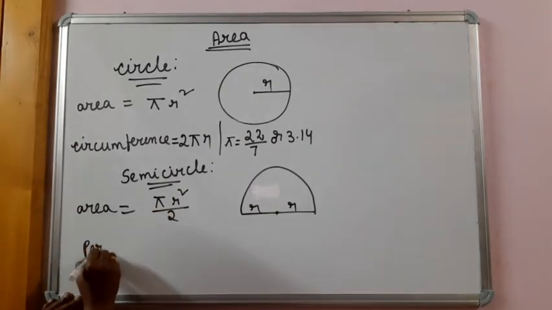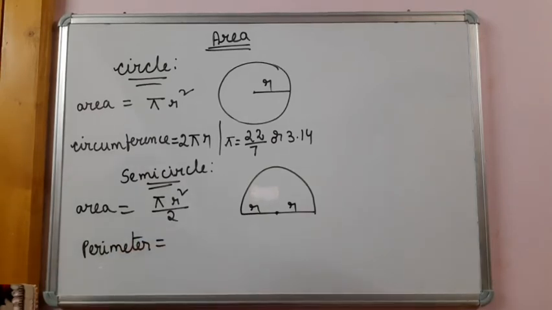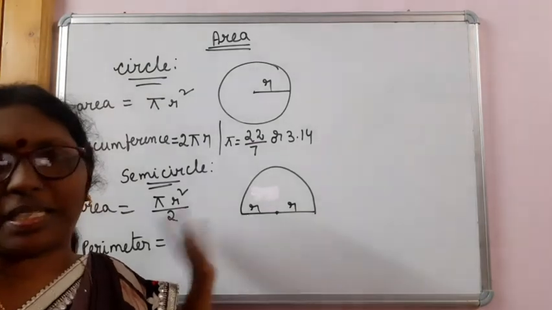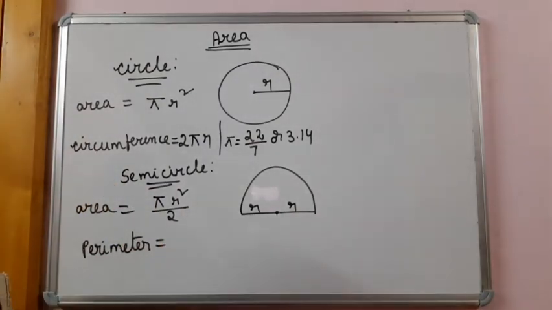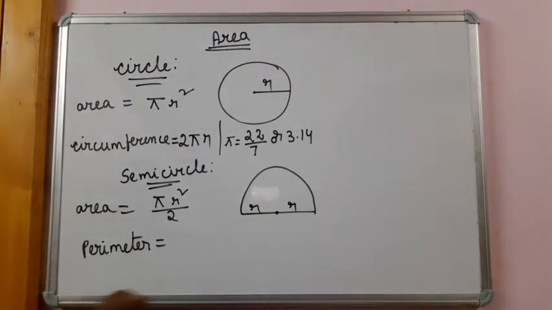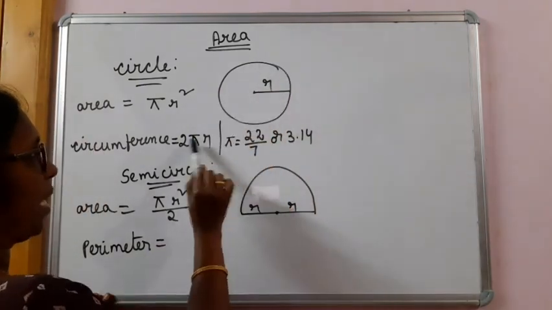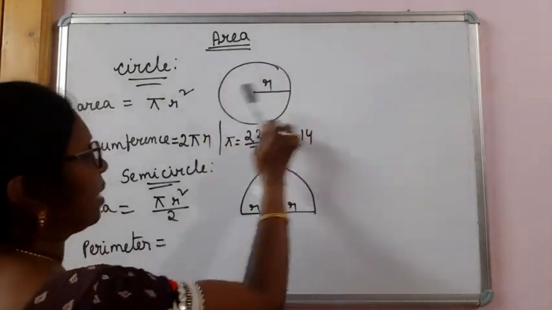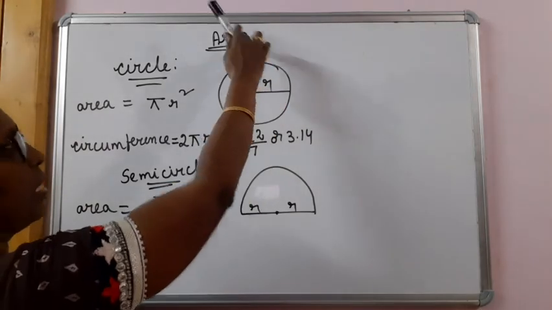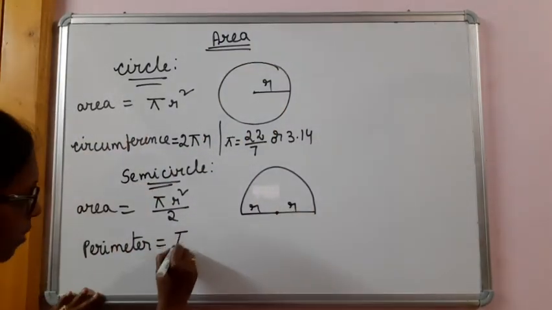And for the semicircle, we won't say circumference, but we say perimeter because your line segment is there. So perimeter means the total length of the boundary of the semicircle. You see, children, the circumference of the circle is 2 pi r. That means the complete curve length is 2 pi r. Half of that is pi r.